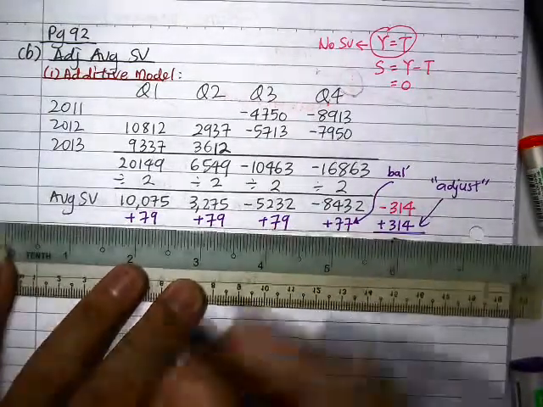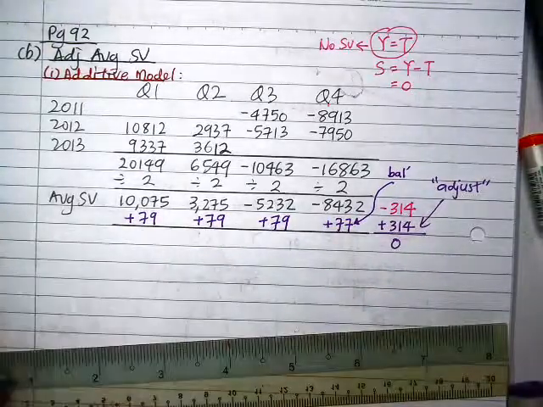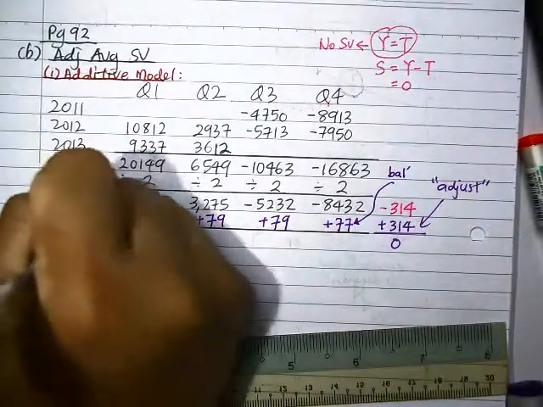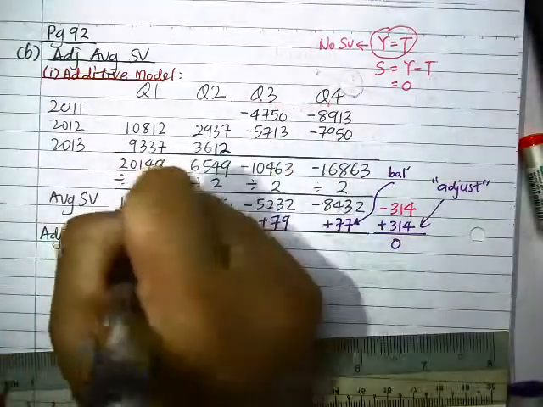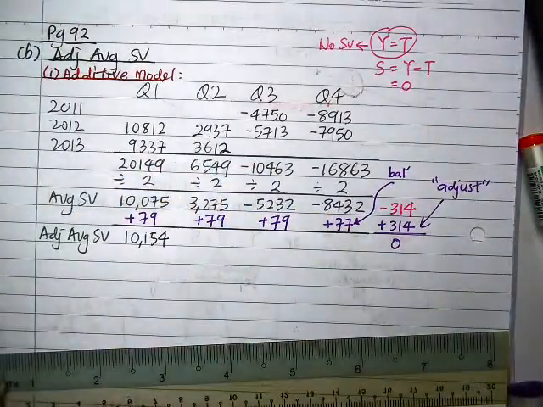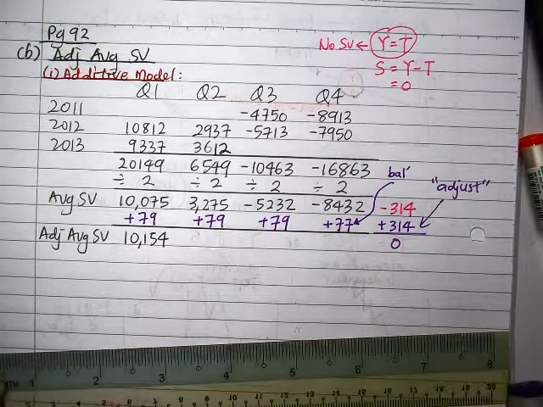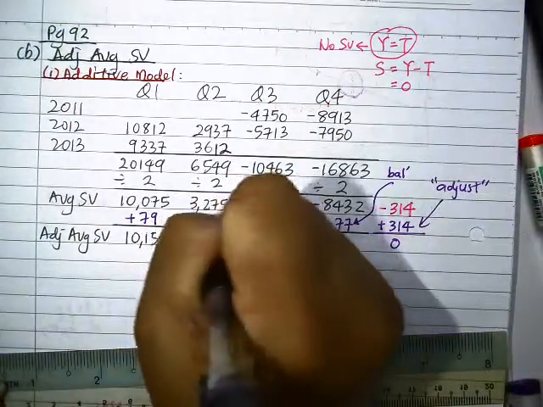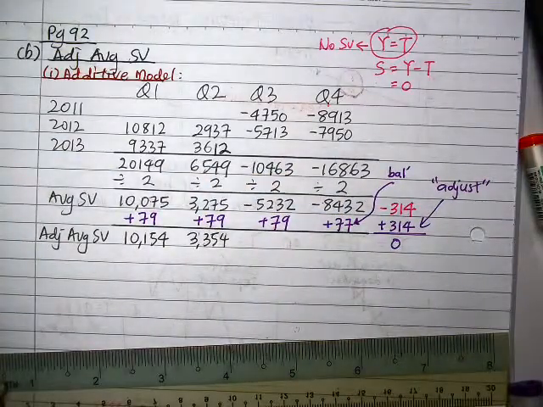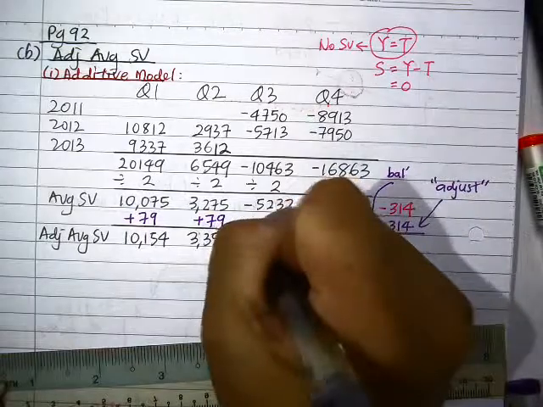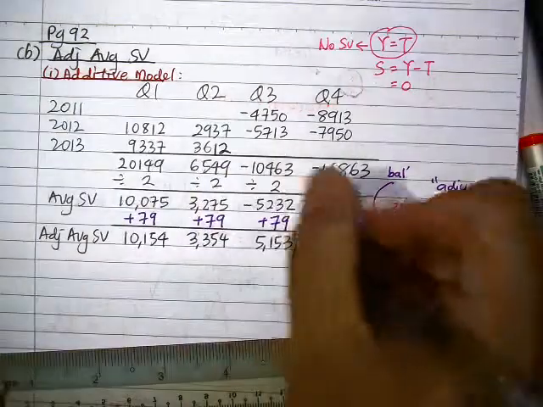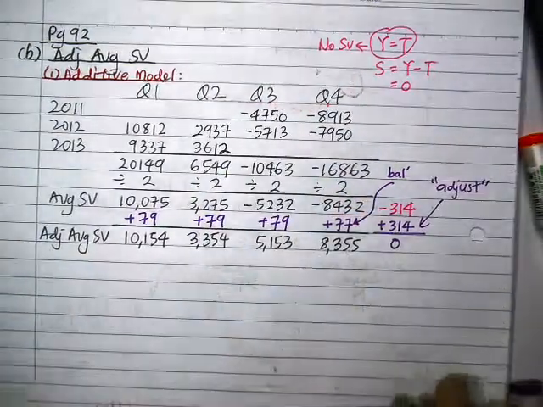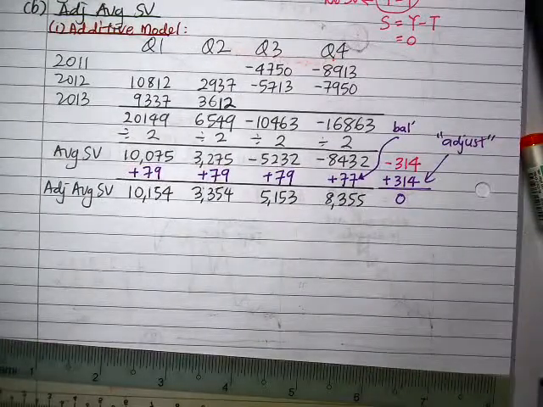Okay, so my adjusted average seasonal variation will be as shown. Now, as far as what the question wants us to do, we've got it done.